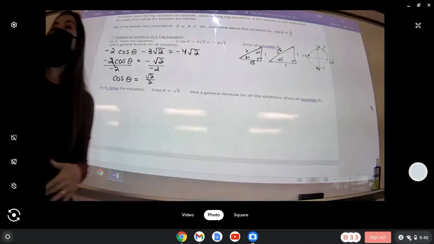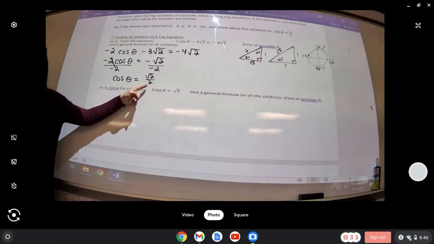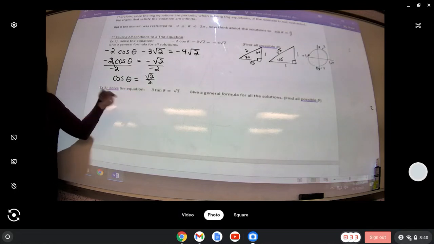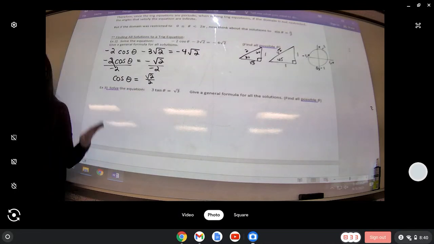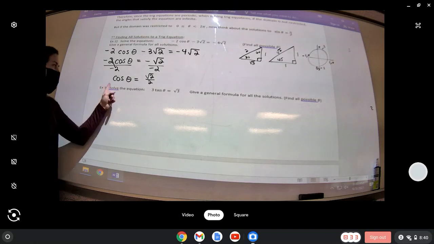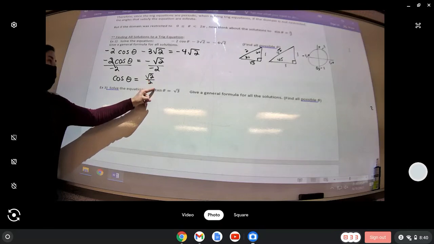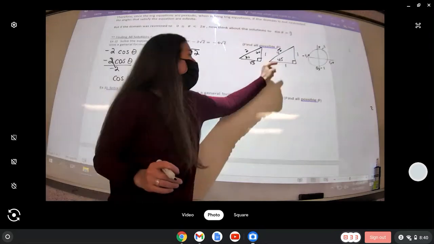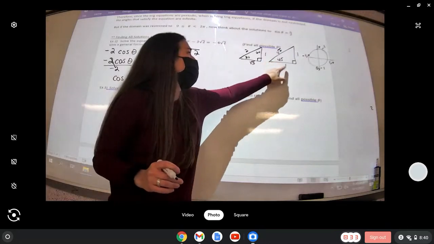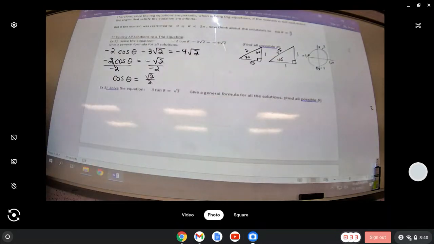And then if you still have a picture of a unit circle, you're literally looking for what angle had an x-coordinate of root 2 over 2, because we know the cosine of an angle is represented by the x-coordinate on the unit circle. All right, so guys, the cosine of what special angle had a cosine ratio of root 2 over 2? Well, it must be something over here. Cosine 45 would be 1 over root 2, which would rationalize to root 2 over 2. So guys, we're definitely dealing with a pi over 4, some multiple of a 45-degree angle.